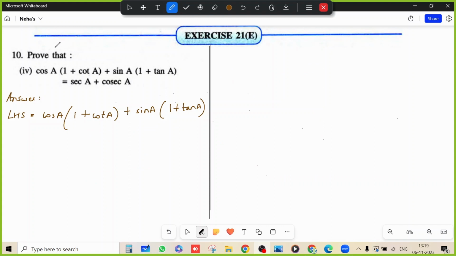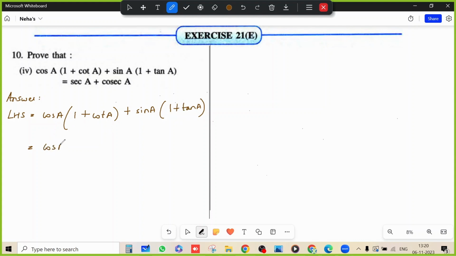So, let's begin with question number 4. This is cos A into 1 plus cot A plus sin A into 1 plus tan A. We have to prove this is equal to sec A plus cosec A. Now, we will begin with the left hand side, and we will first write cot A and tan A in the form of sin and cos.